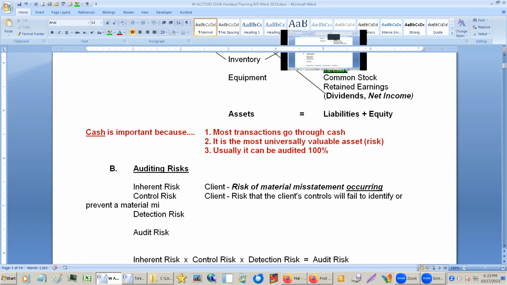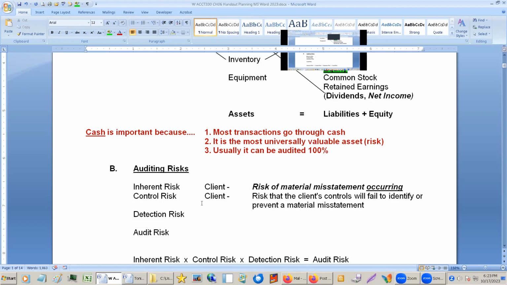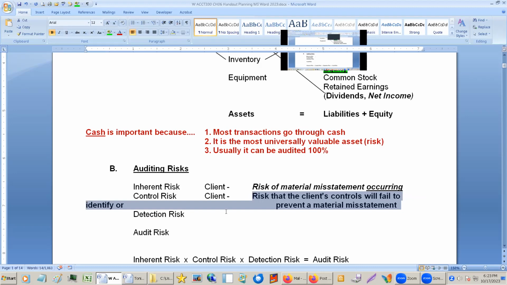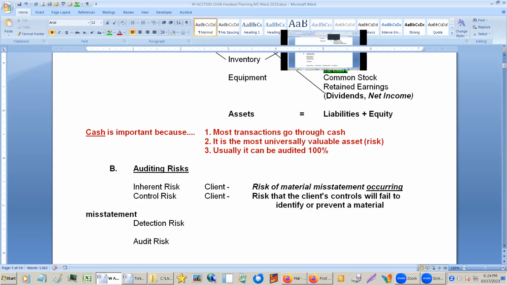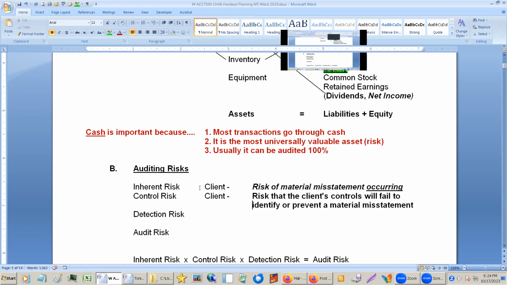I'll clean this up in a second. Okay, so the control risk, again, this is the client still, that the client's controls will fail to detect or identify or prevent, I should say, a material misstatement.